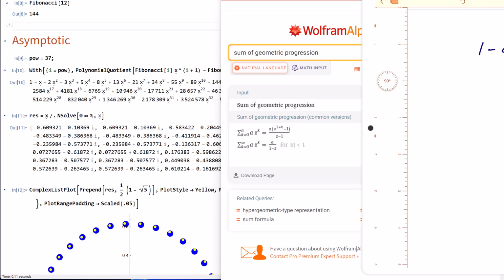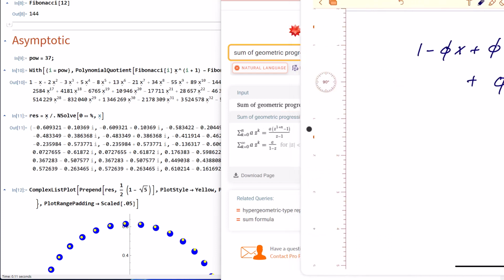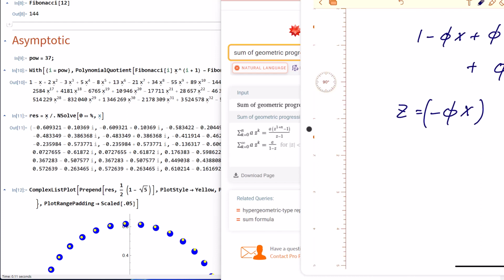So in this case z is equal to minus phi x. Okay, and the first term is z to the power of 0, which is 1.